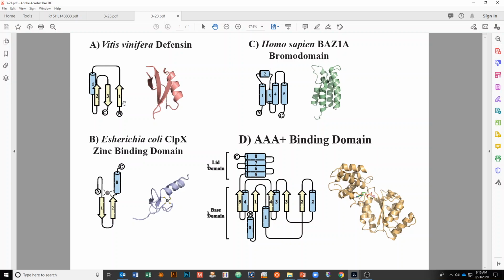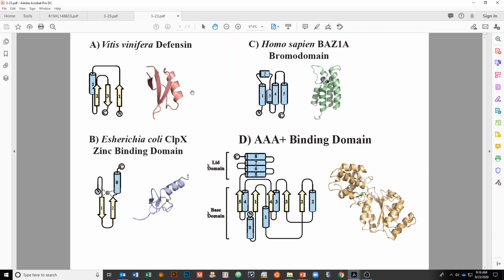If you look at the topology, you'll see you have your anti-parallel beta sheet, 3 strands, and you have your alpha helix. Okay, so here you don't really know what is keeping this together. I mean, in the beta sheet, you probably have hydrogen bonding between the strands like we talked about, but that doesn't tell you how the alpha helix interacts with the beta sheet. Why is this alpha helix held in the position that it is?